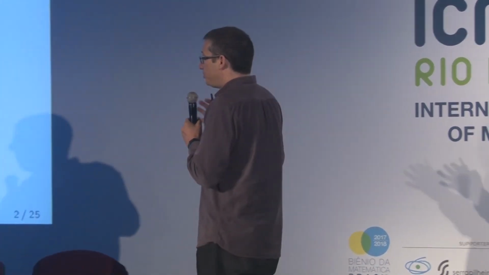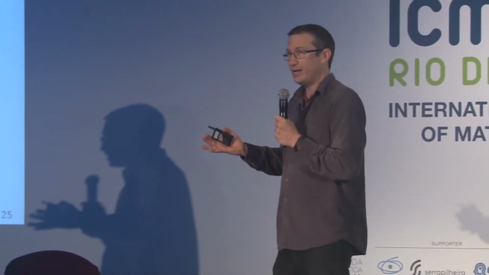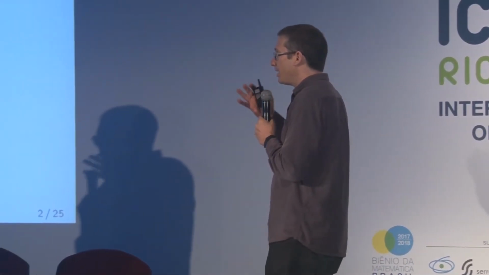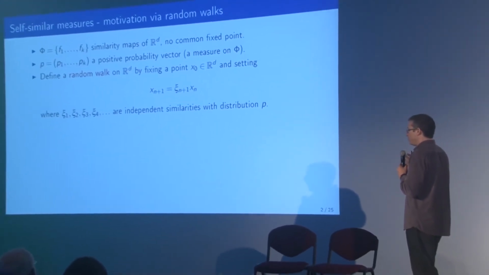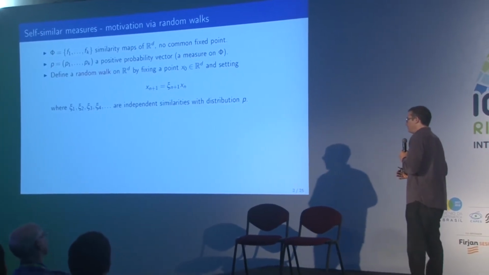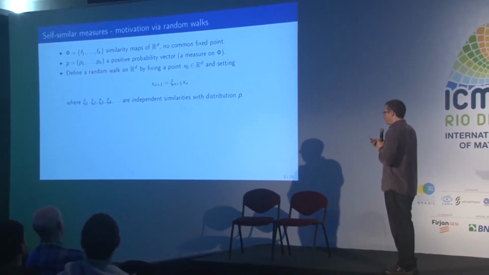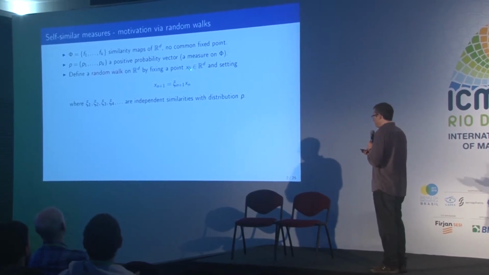And you choose a probability vector p_1 up to p_k, which you should think of as a distribution on the maps. So you're going to choose random maps according to this distribution. Again, to avoid trivial situations, let's assume that all the p_i are positive. And now you define a random walk on R^d by choosing some arbitrary initial point x_0.